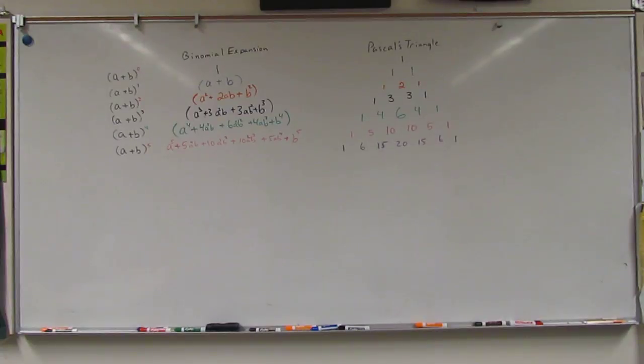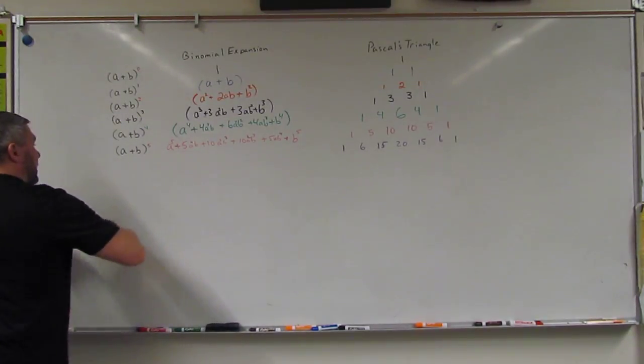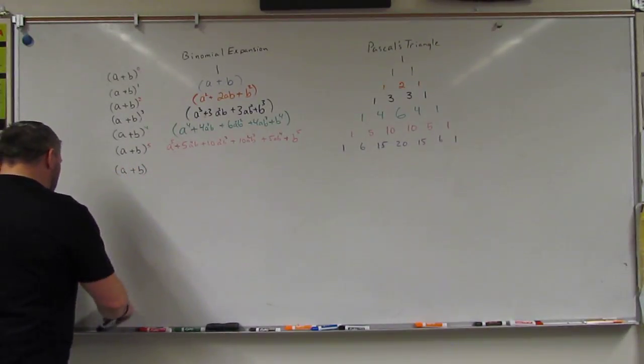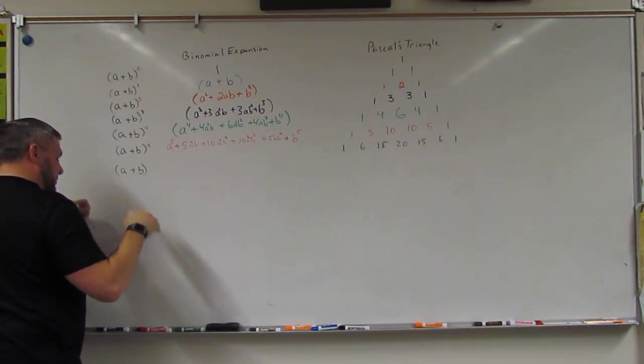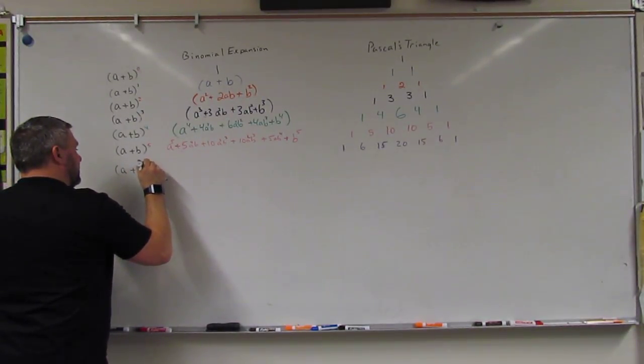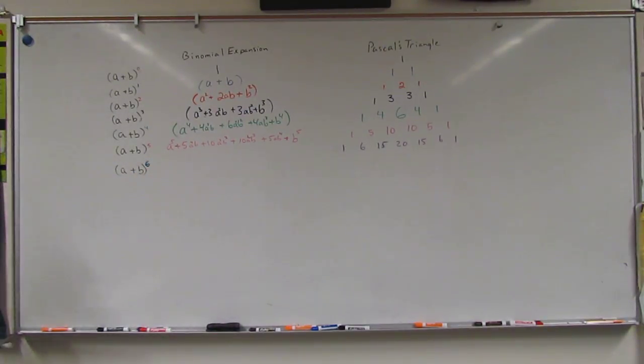Maybe I should use blue and green. That would have been light blue. I don't know. I'm excited now. You guys are exciting me. Okay? Because this would be what level? This would be A plus B to the light blue 6, right? Let's see if that works. Yeah, that's not bad. That's kind of light blue. Okay.